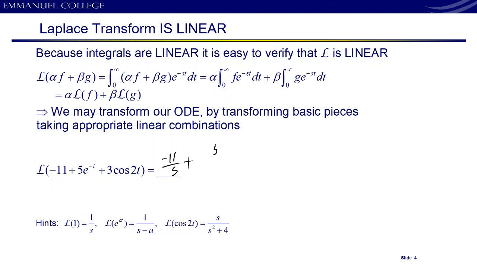This would be 5 over s plus 1, because again, constants get factored out to the front. And plus 3s divided by s squared plus 4. So Laplace transform is pretty easy to do over a sum.